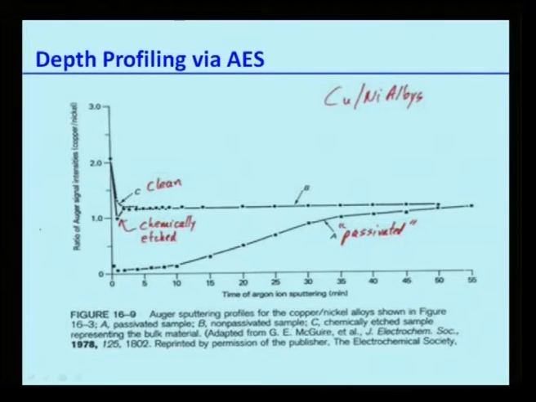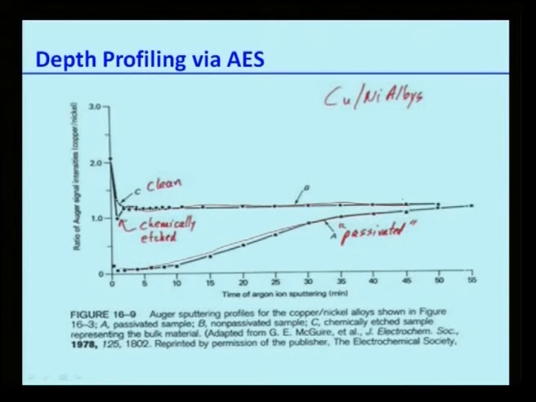So to give you a much better idea, this is another example, sputtering and non-sputtering, copper nickel alloys present. As you see here, this is the depth profiling of the passivated layer. This is the clean sample.